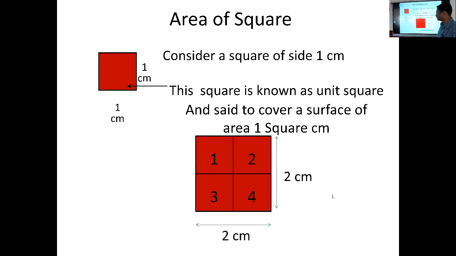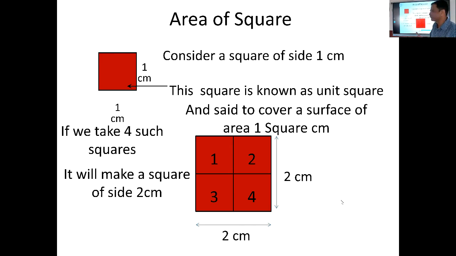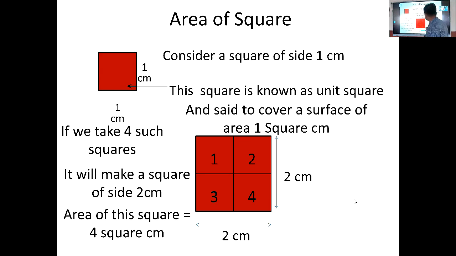If we take the 4 squares, what will be the area covered by them? The area covered will naturally be 4 square centimeter, because it makes a square of 2 centimeter by 2 centimeter.